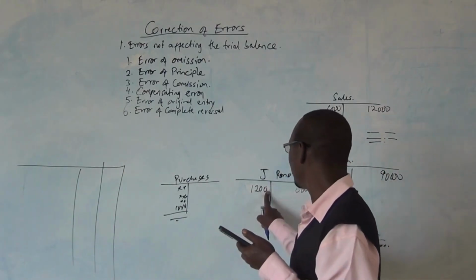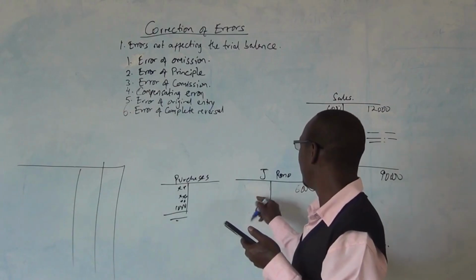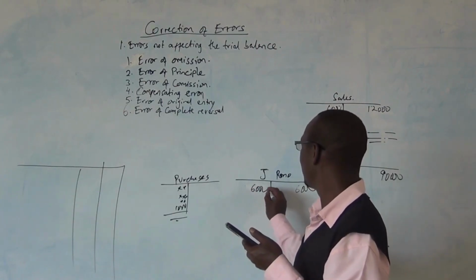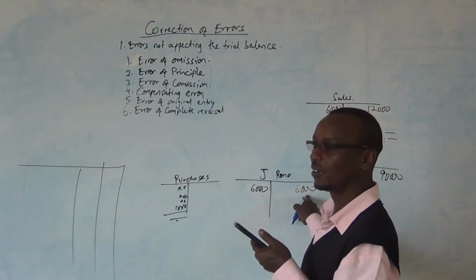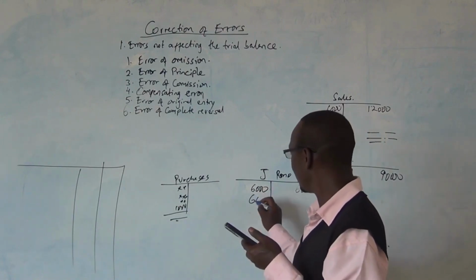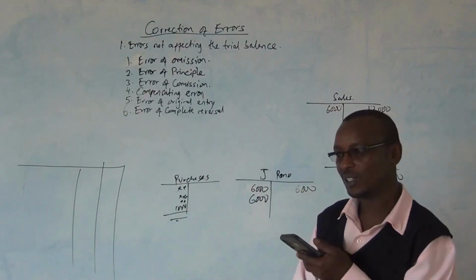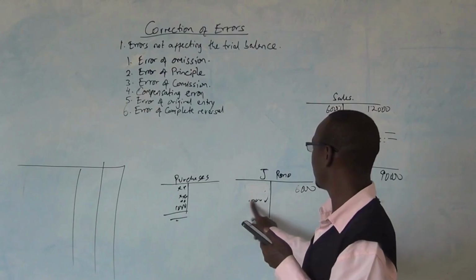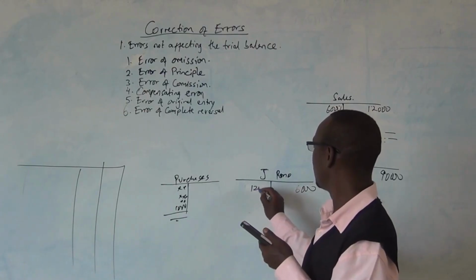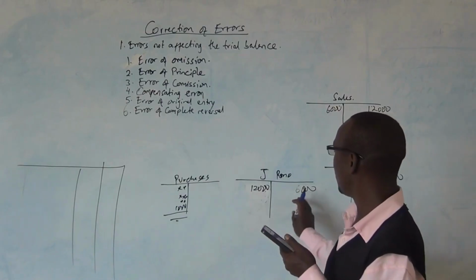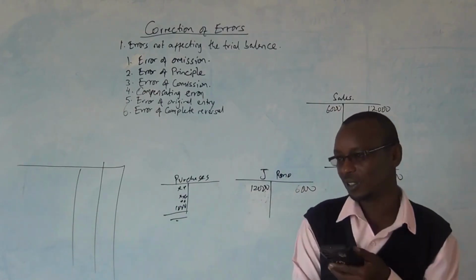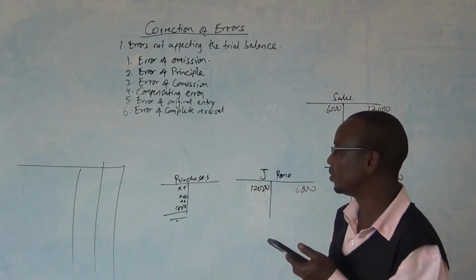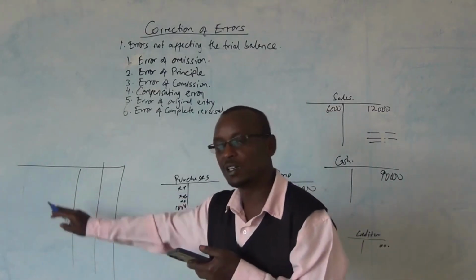What I mean by 12,000, it means I debit here 6,000, it cancels. Then I have to debit another 6,000. So what we normally do, we just double the amount here. 12,000. So that now our balance will be 6,000. The account now will show that it has 6,000. So you give your narration here.